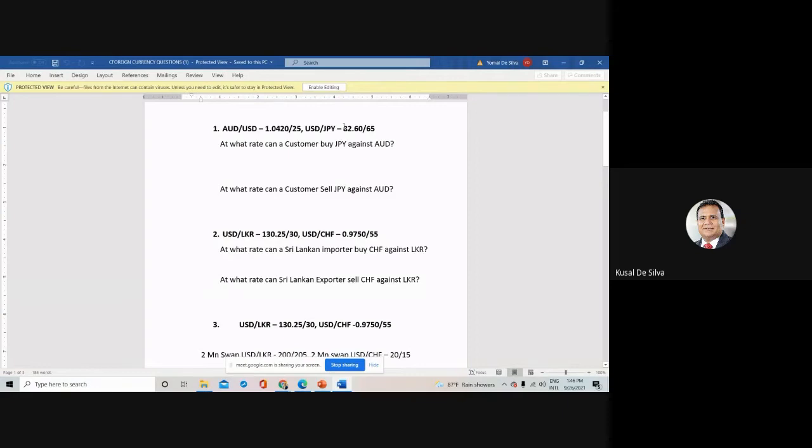Bid rate. The bid rate is 8260. Then against AUD: the customer will sell AUD. Here, what is AUD? It is the base currency. If the customer wants to sell AUD, the bank will buy AUD. AUD is the base currency. The bank will buy the base currency using the bid rate.